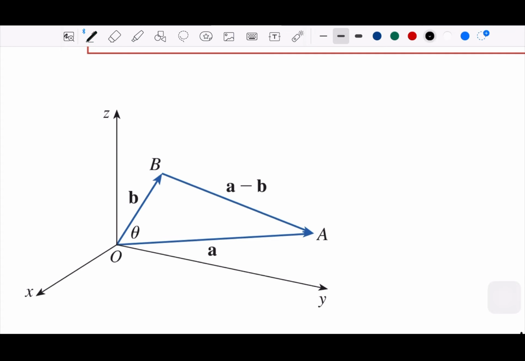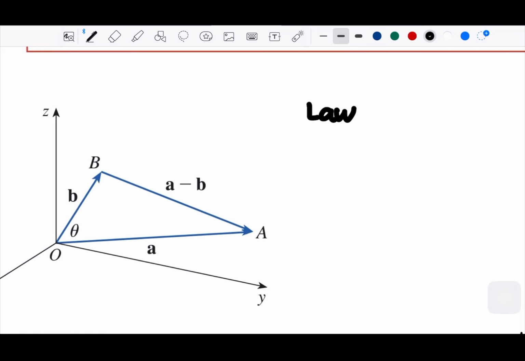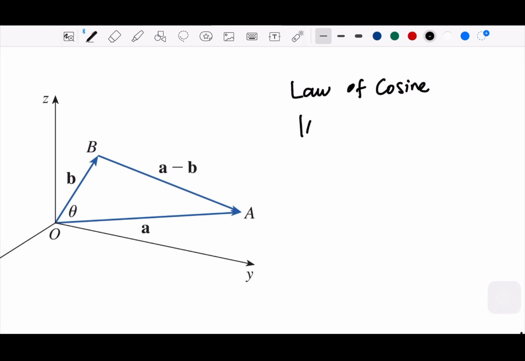Now if we apply, let me make it small, the law of cosines, and we take AB squared, which is here, it means that we are going to add this squared and subtract two times OA and OB.